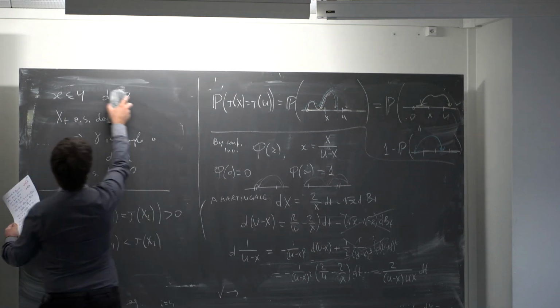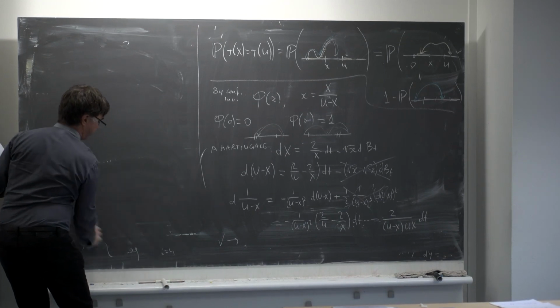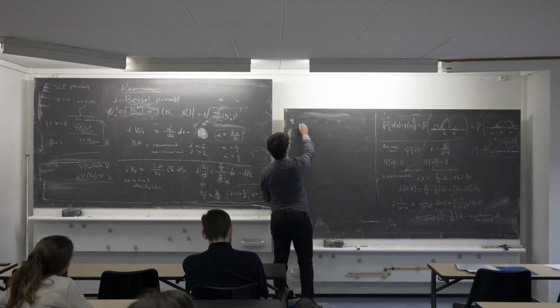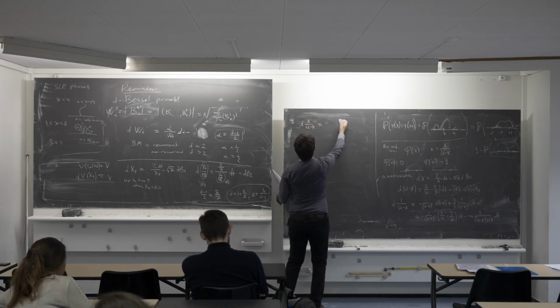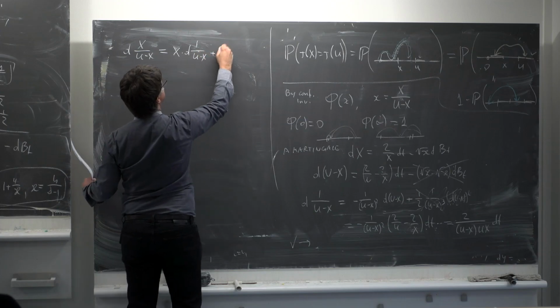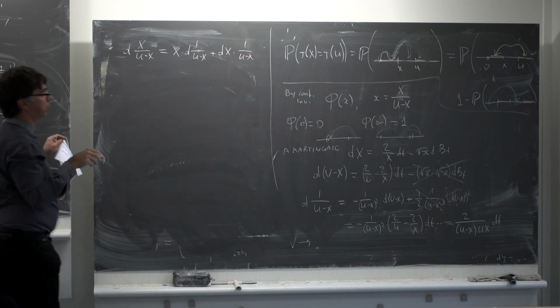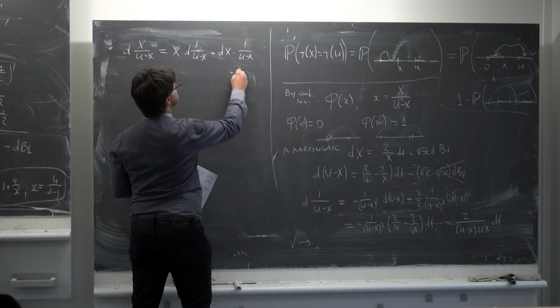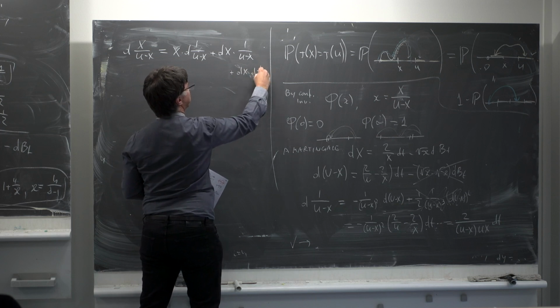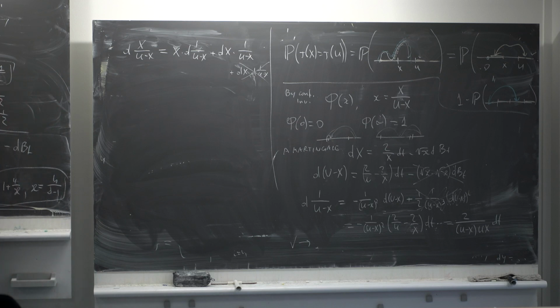Now, I want to compute the drift of x over u minus x. It will be x times the drift of 1 over u minus x plus the drift of x times 1 over u minus x, and there will be no cross term from the two drifts, because there is no Brownian motion in the second one. In principle you usually have this term also, but there is no such term because there is no Brownian motion in the second factor.